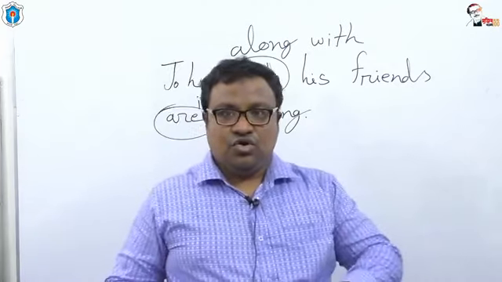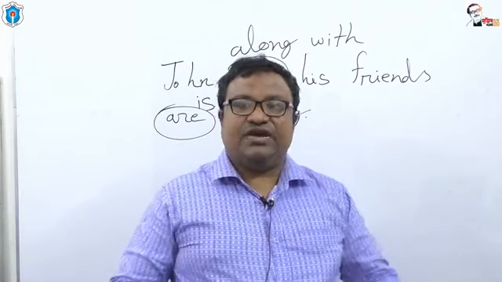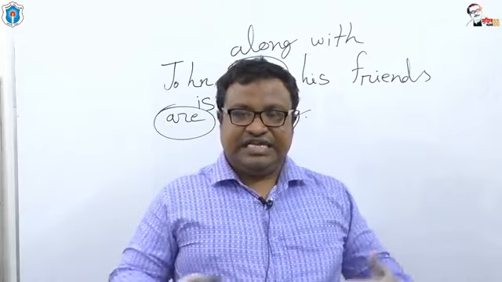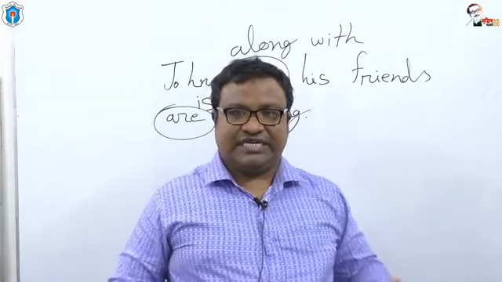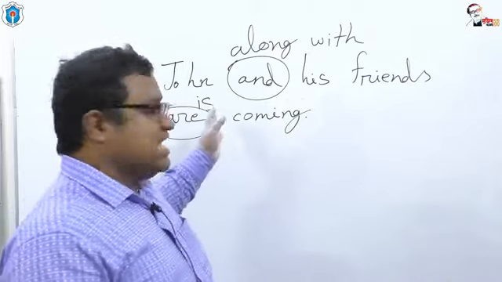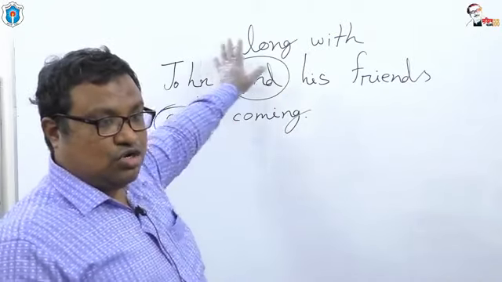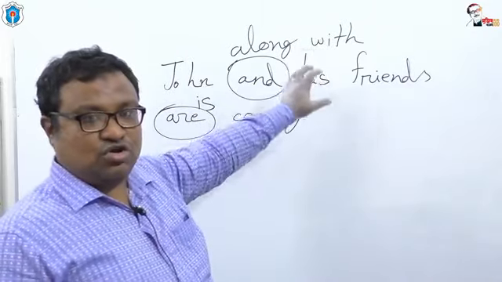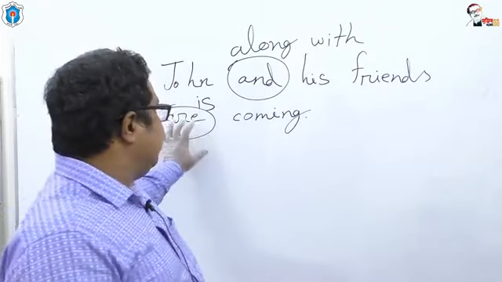The rule will be totally opposite if I use either or, neither nor, not only but also. That is, not only John but also his friends are coming. Either John or his friends are coming, neither John nor his friends are coming.